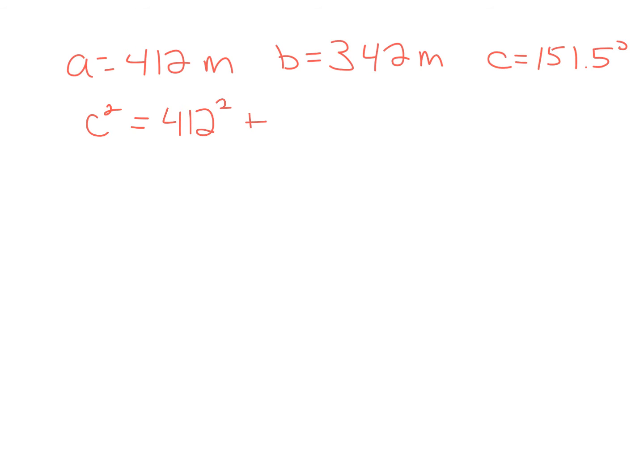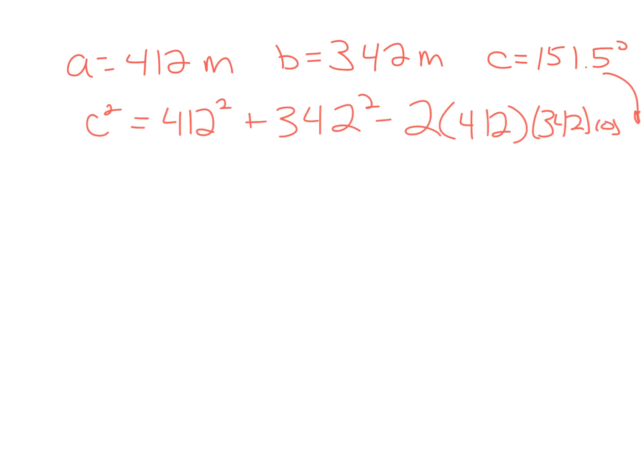We do know those two sides, so that would be right here in the formula, and be 2 times 412 times 342 times cosine of 151.5. Now, one question you might ask is, does it matter what order these two go in? Absolutely not. Due to our order of operations, it really doesn't matter whether you're here or here.